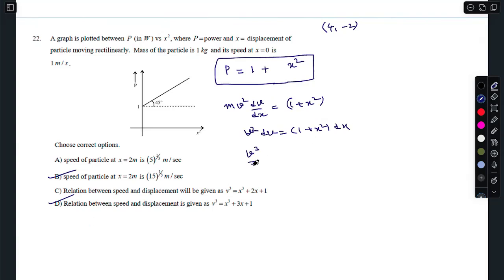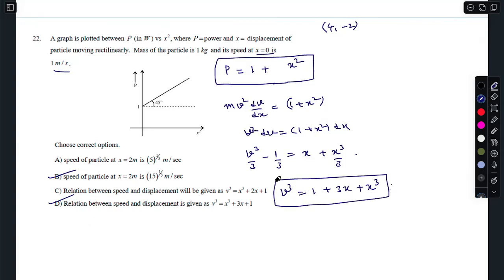V cube by 3. And initially 1 by 3 because you said 1 meter per second at x is equal to 0. After integration, you will get x here, x cube by 3 here. Therefore, finally, v cube is 1 plus 3x plus x cube. That's the relation.